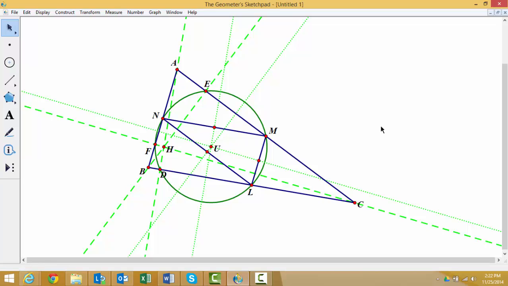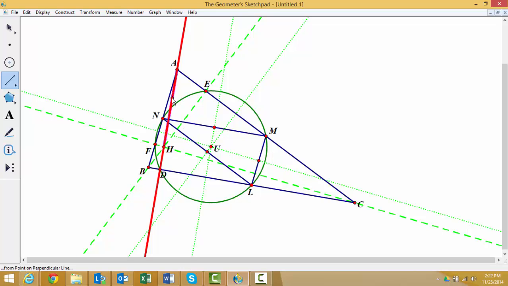So now what I'm going to show is, let me take the segments AH, BH, and CH, and let me construct the midpoints of those. Let me take from A to H, that segment.